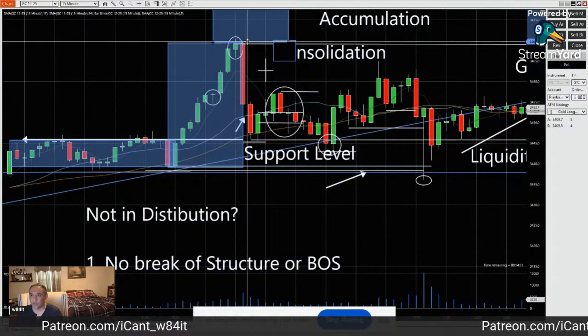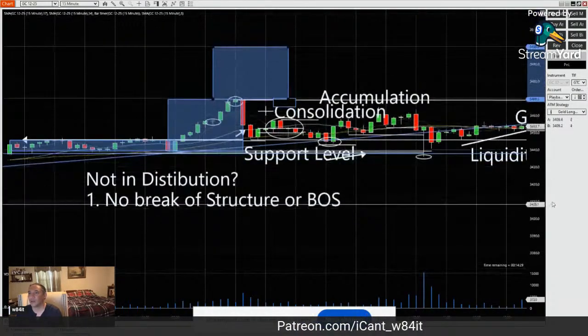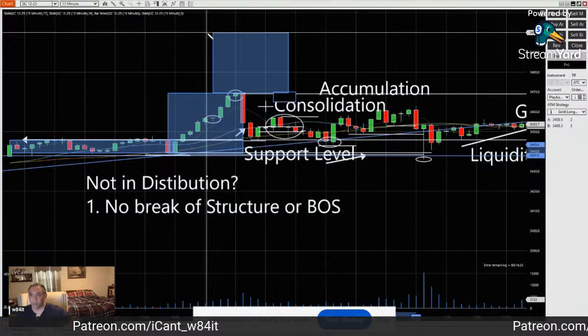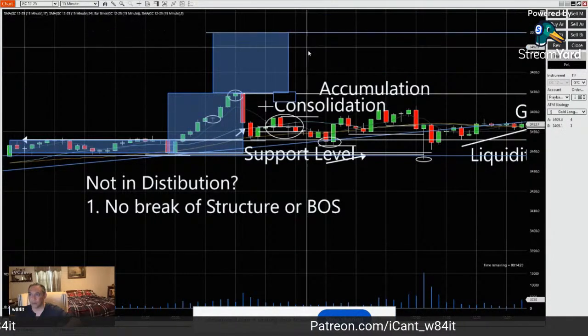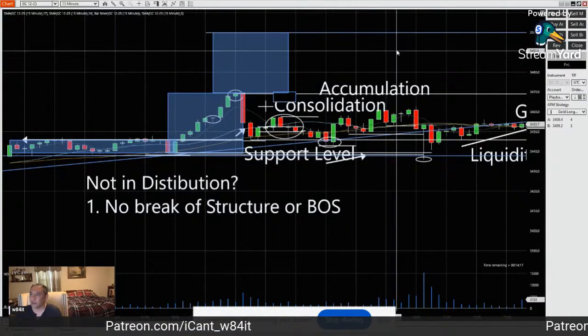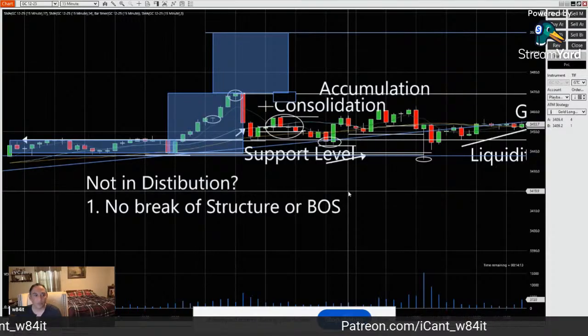I use squares as a measuring tool to see where price action should go. And anything less than this is a fail. So we'll say that. And if it fails to reach this area and you see a wick up here and a red candle, then it's most likely going to dump, right?